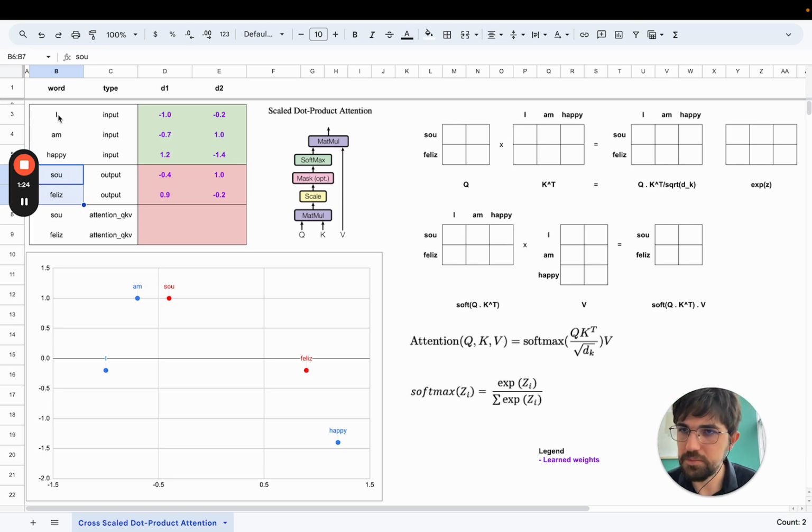Here on purpose, I'm using a translation in which we have three words which could be translated into two words. I am would be equivalent to sou in Portuguese, and happy would be equivalent to feliz.